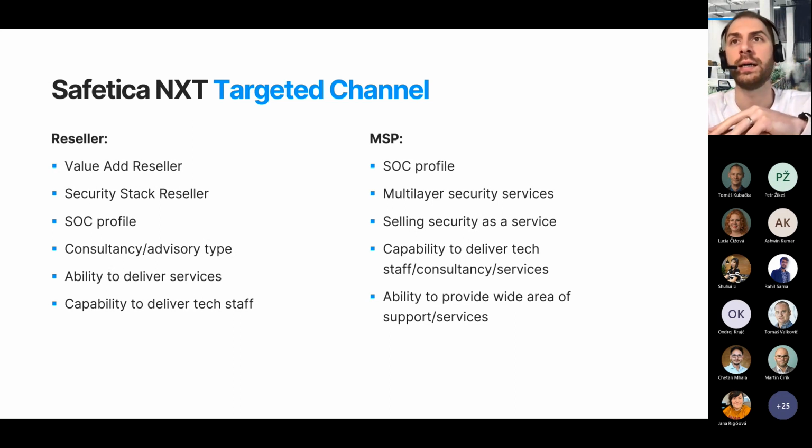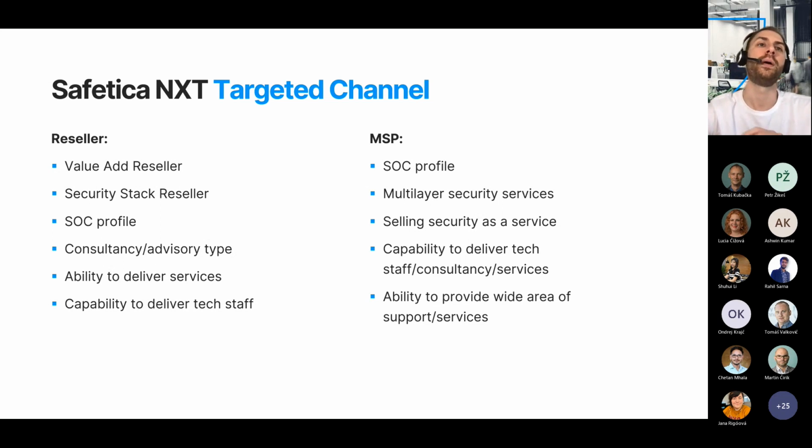The value-added resellers are much more relevant for us because with Safetica Next this year, we also introduced self-managed mode. That means that the reseller basically just resells the subscription, and the customer takes care of everything after the trial, after the first implementation and setup. The customer takes over the management or administration of Safetica Next and covers everything on their own.